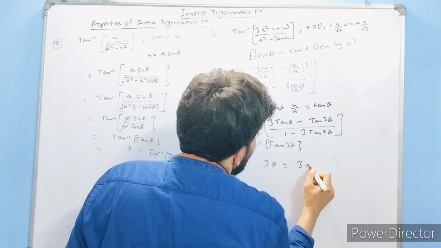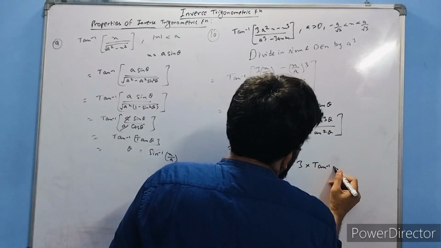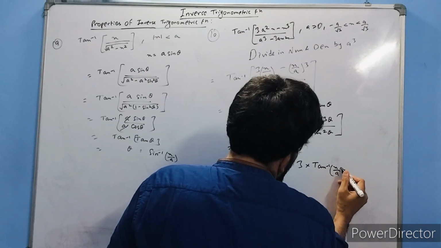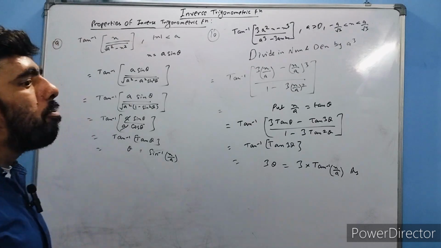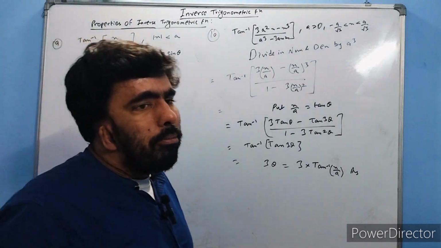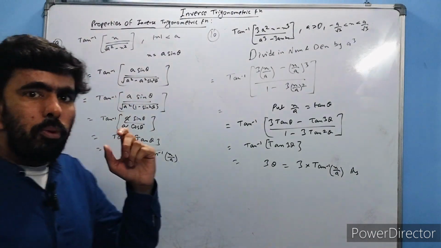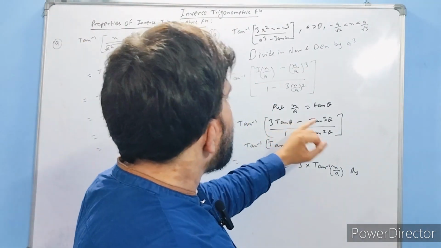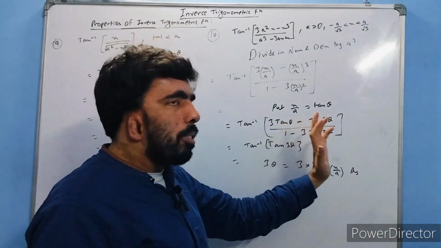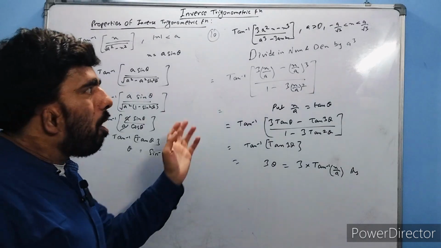Now 3 into theta will be 3 tan inverse x upon a. So that is how we are able to simplify the trigonometric functions by using the various formula. I have used one formula, that is tan 3 theta is equal to 3 tan theta minus tan cube theta upon 1 minus 3 tan square theta. So that is how we are able to solve the numerical.